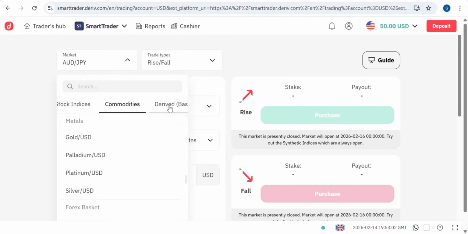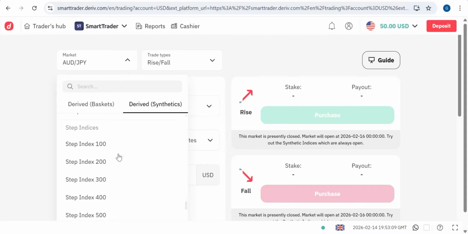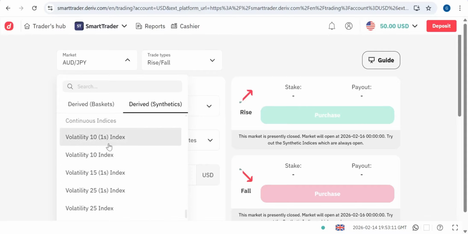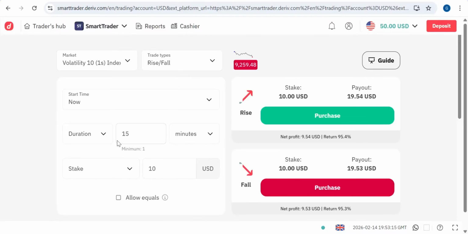You scroll on your right side, you come on synthetics, delete synthetics, and you go down, and let's just try volatility 10 for this particular example. And I have some people that will be like, how can you deposit a $1 on Deriv? By using P2P, you can actually do that. So I'm just giving you a hint. You can actually deposit $1 by using P2P, and you get started with this strategy.